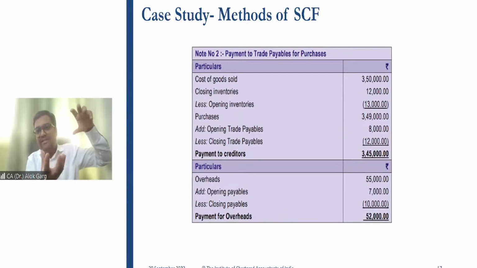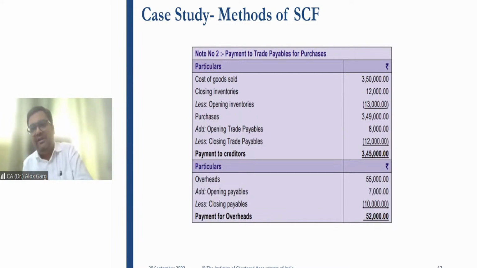So 362 minus 13 is 3,49,000. This is the value of your purchases. Is that right, Pooja?